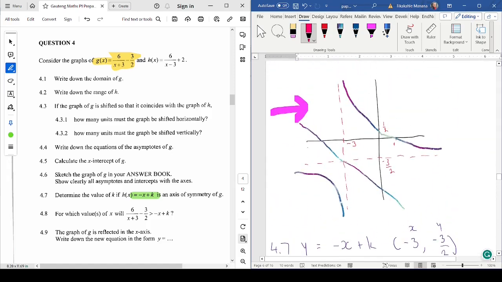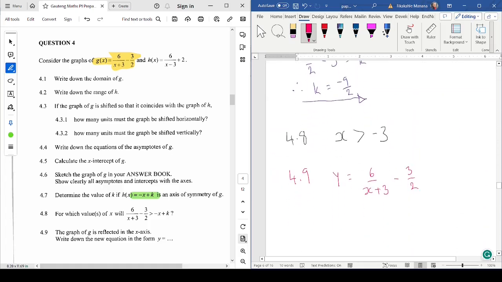If we put a mirror on the x-axis to mirror this graph, or any graph, you can see the value of the x doesn't change, but the values of the y change. Okay, which means if it was positive, it becomes negative. If it was negative, it becomes positive.